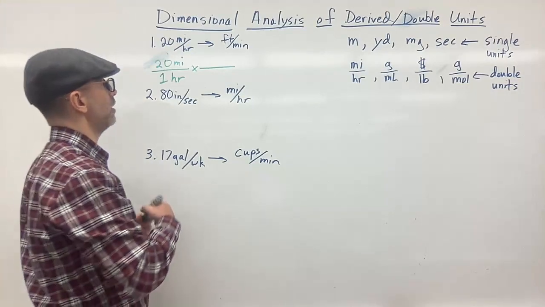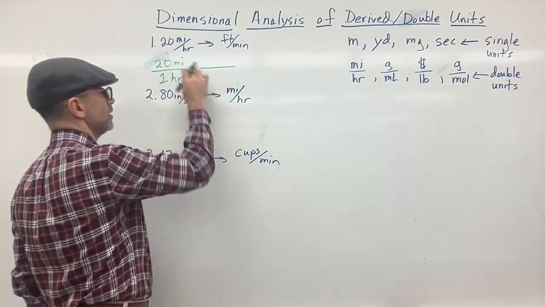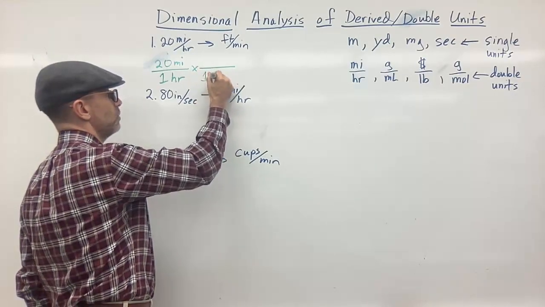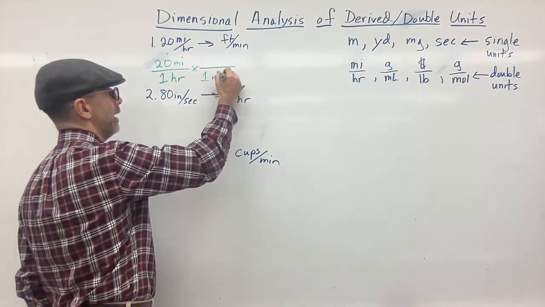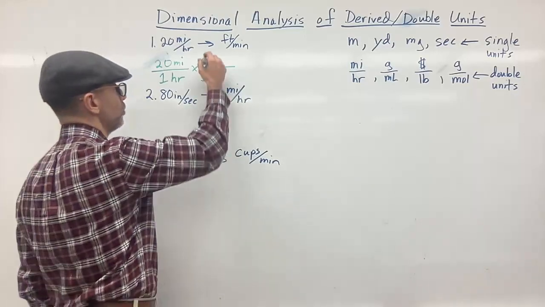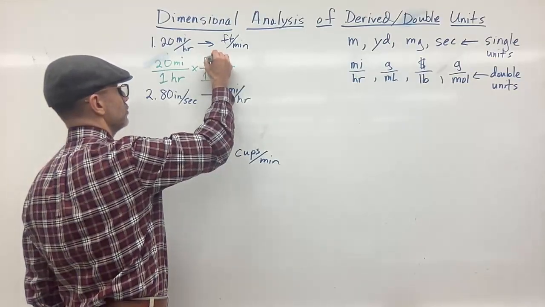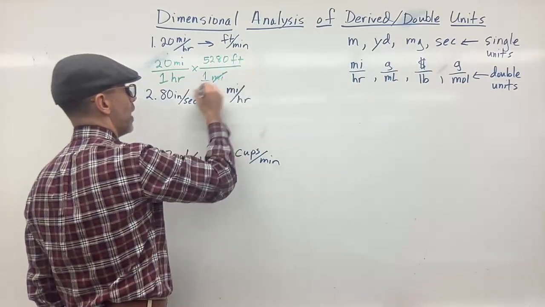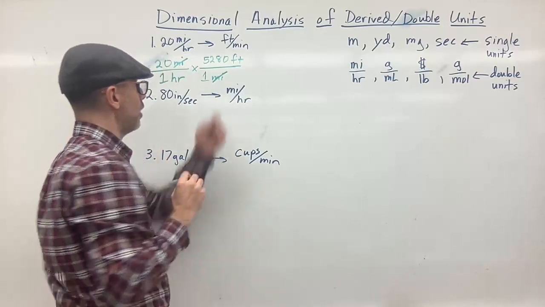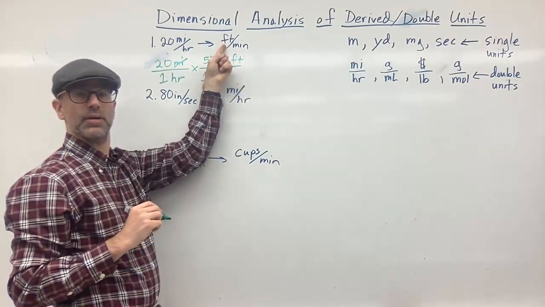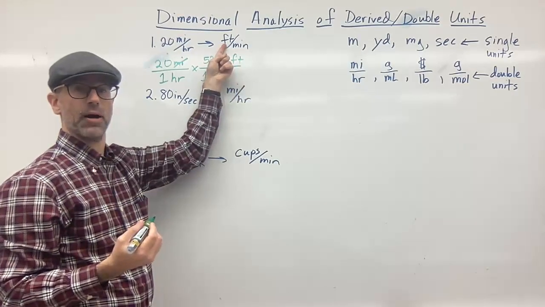Miles are on top, so we're going to put miles on the bottom: 1 mile, and since that's equal to 5,280 feet, we put that on top. So miles cancels out, and now we have feet on top, which is what we want. So we're done with the top part.